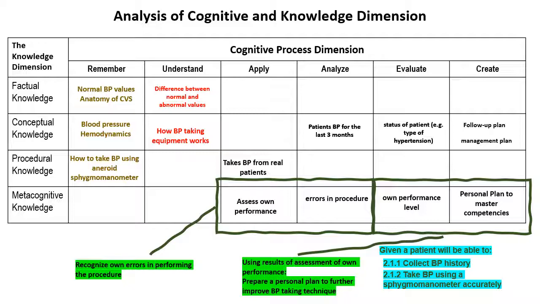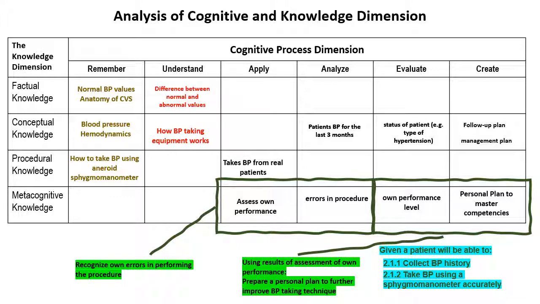So there you are, we're able to formulate, actually analyze and clarify outcomes using the cognitive process dimension and the knowledge dimension of the Bloom's Taxonomy Matrix.